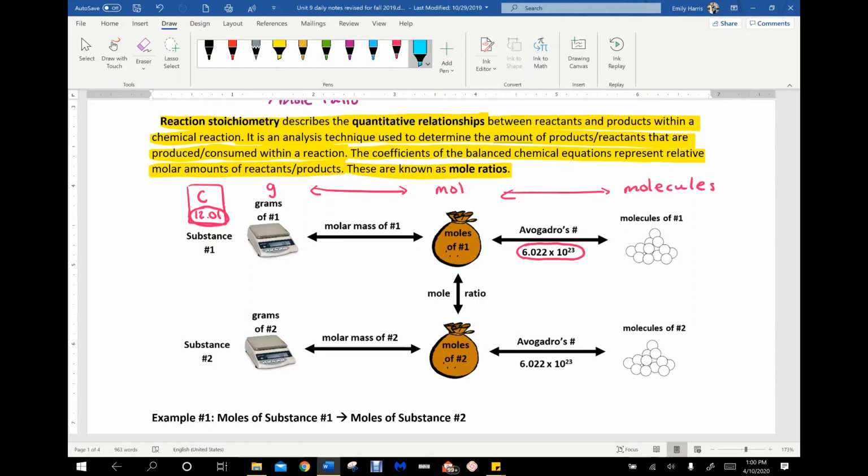We're going to build a bridge between two of our grams to moles frameworks, and that's where the mole ratio comes into play. Again, this comes from the coefficients of our equation, and it helps us relate two different compounds within the equation.